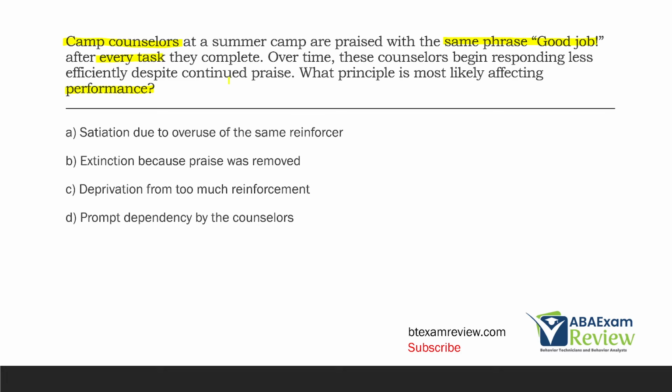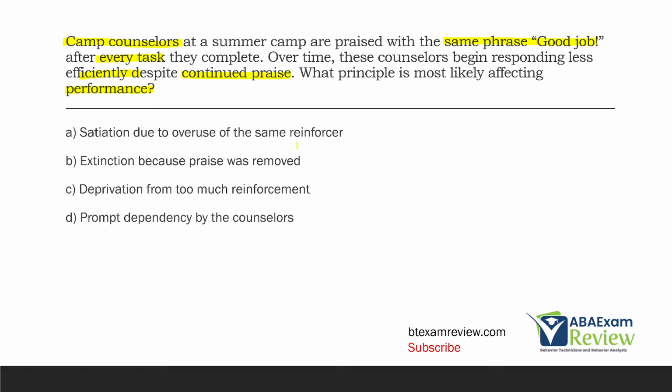The counselors begin responding less efficiently, even though the praise hasn't stopped. What is the technical term for that? When somebody is given too much of something and it loses its effectiveness. A, satiation due to overuse of the same reinforcer. Yes, the word is satiation. The counselors are becoming satiated on this phrase of "good job."